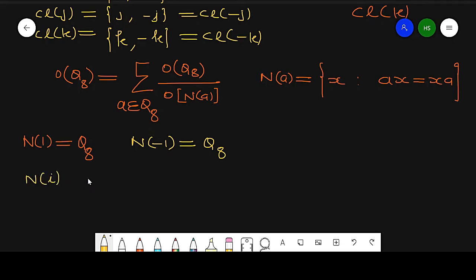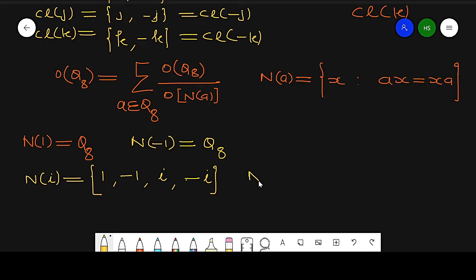Next is the normalizer of i. To check it, which elements commute with this? These are 1, -1, i and -i, the 4 elements.